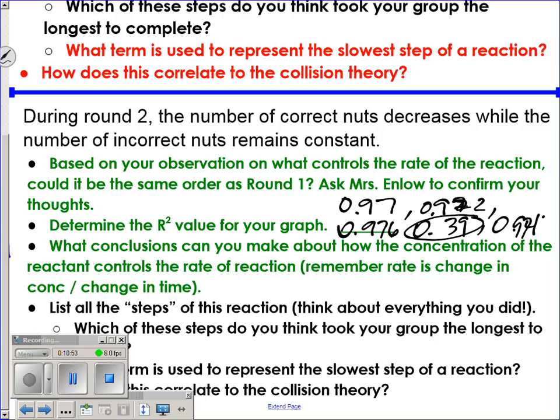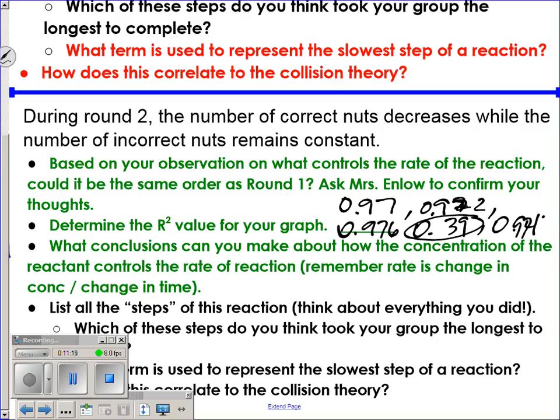So the number of correct screws over time in that bag with the other 10 that were the incorrect ones, you were rifling around, got the wrong one, and put it back. So over time, what should have happened? Maybe not for everybody, because somehow you are magical and have the correct screw the first time. I'm not sure. What should have happened over time? So are you saying the reaction took longer or shorter?